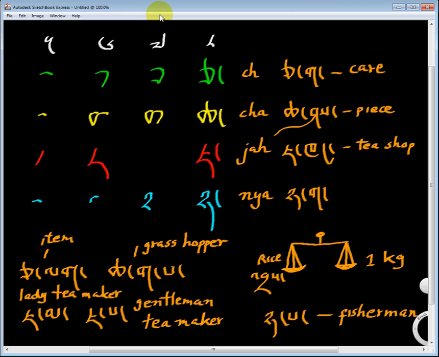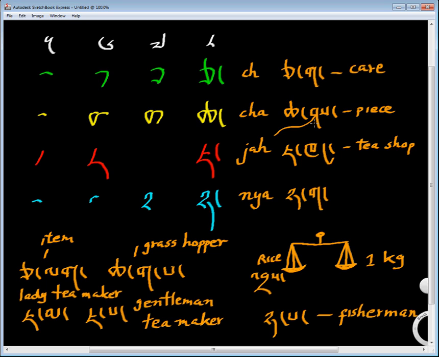Okay, so these are the letters 5 through 8. Ja, cha, cha, nya. Okay, one more time. Ja, cha, cha, nya. And then the example, ja, ka, jaga, meaning care, careful.